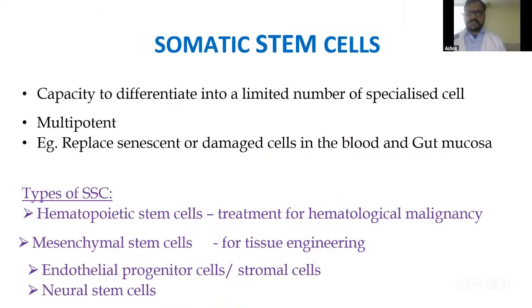Somatic stem cells have the capability to differentiate into a limited number of specialized cells. Multipotent example: replace senescent or damaged cells in the blood and gut mucosa. Types: hemopoietic stem cells, used as treatment for hematological malignancy. Mesenchymal stem cells are used for tissue engineering, along with endothelial progenitor or stromal cells, and neural stem cells.